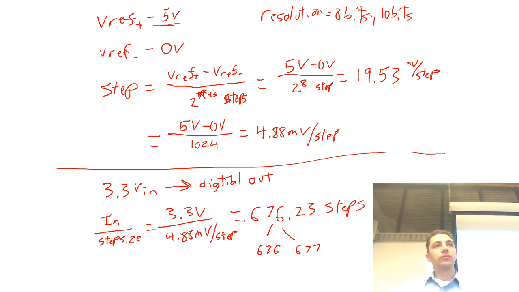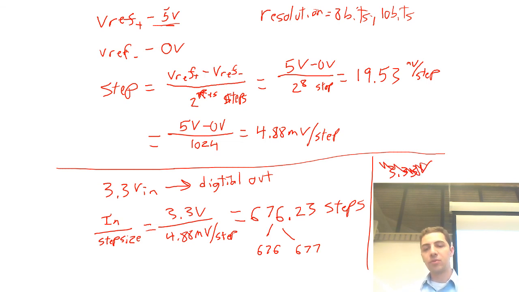All right. Now, let's redo one more here. I want to do 3.33 volts. Let's calculate that out. 3.33 divided by 4.88 millivolts. Oh, I went up, excuse me.